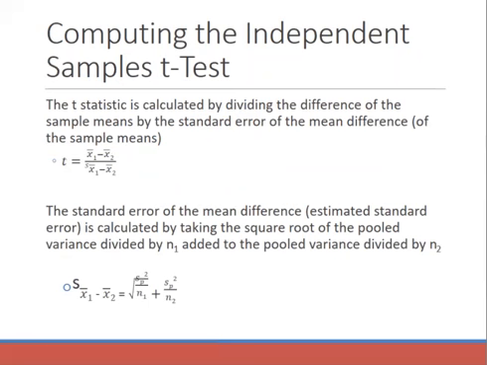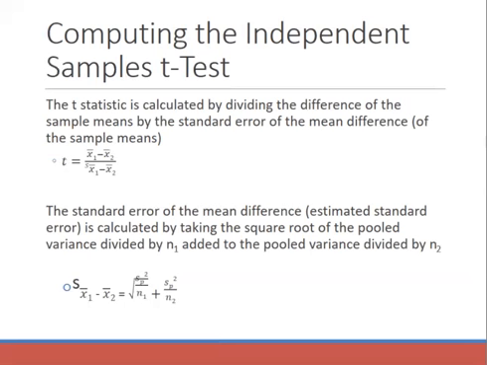So here we're looking at the sample mean difference divided by the standard error. Okay, in order to estimate the standard error of the mean difference, which is essentially telling us how accurately the sample statistic represents the population, we've got 2 different populations, so we've got 2 potential sources of error.